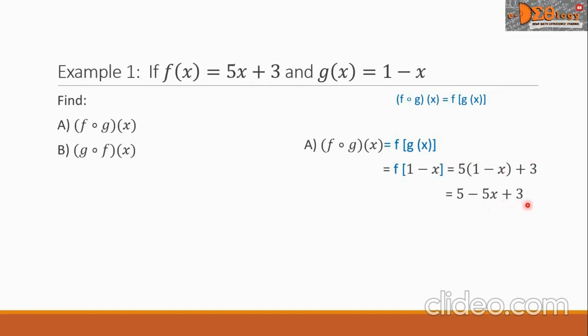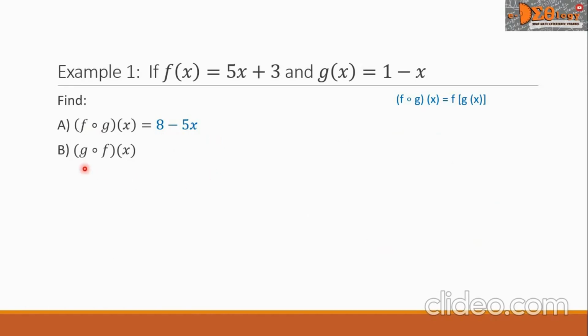To simplify further, we will combine this 5 and the 3. So we have 8 minus 5x. So this is now the value of f composed with g at x. The 8 minus 5x, we will simply write opposite letter A. So we have here the answer 8 minus 5x.